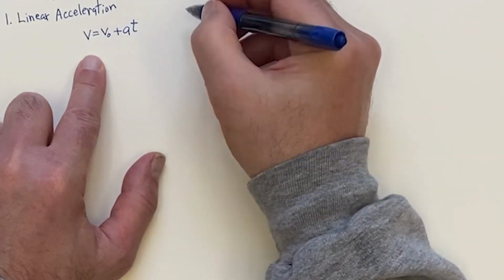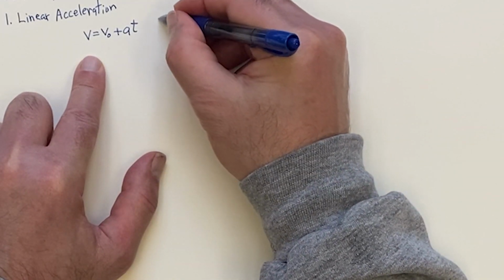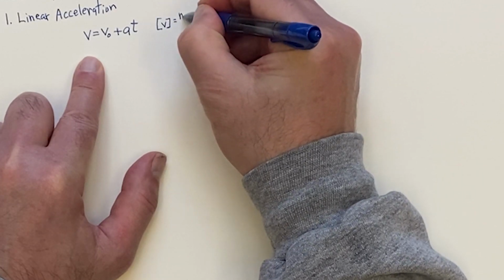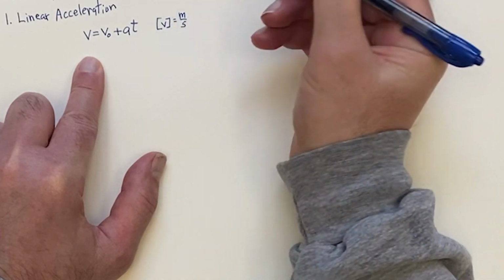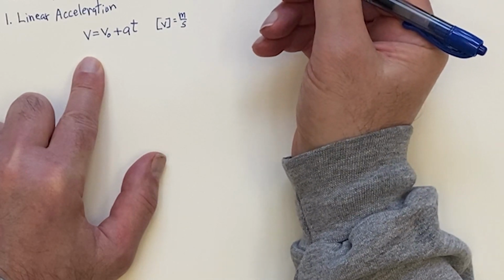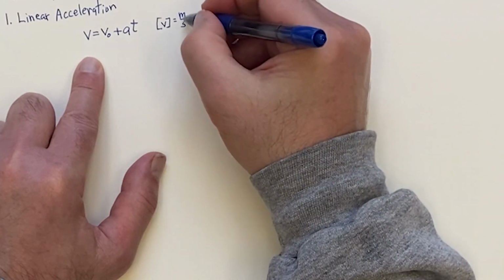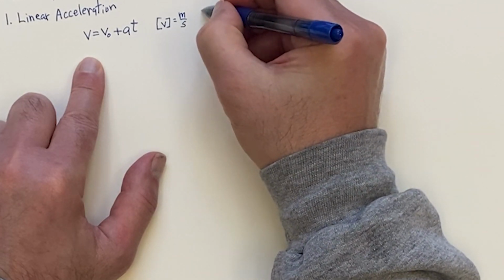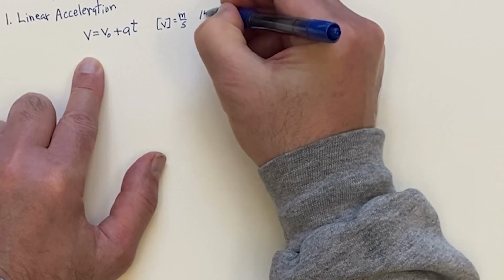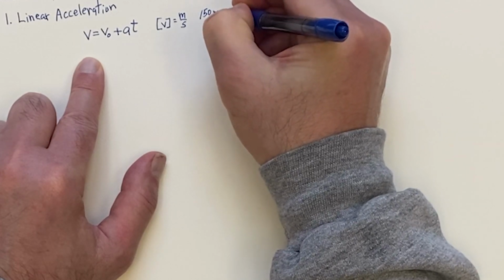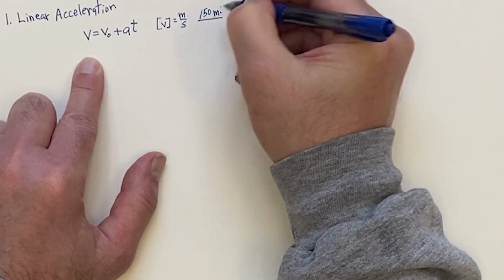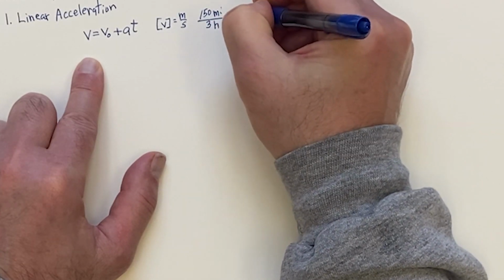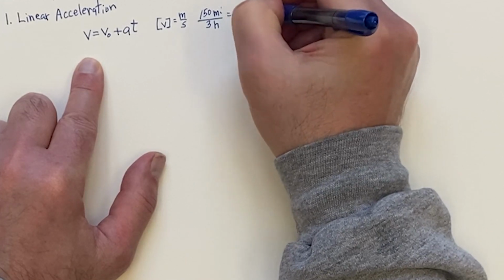So now our units for velocity, and we do this little bracket for the units, for the dimensions, meters per second, could be miles per hour. That's how you write per with the line, because if you were to consider, for example, going 150 miles in 3 hours, you would have 50 miles per hour.